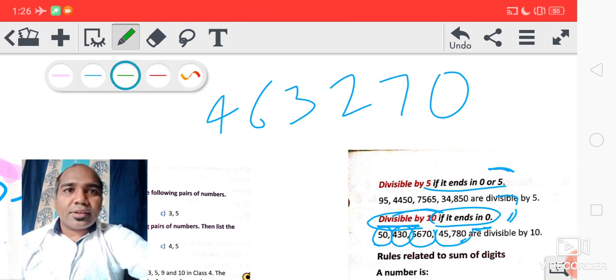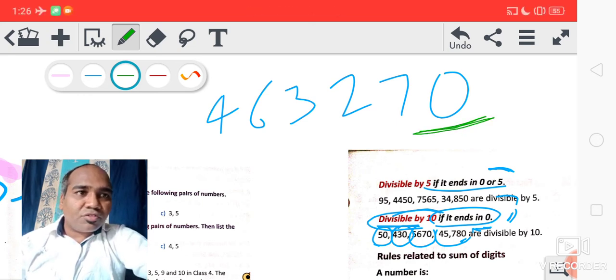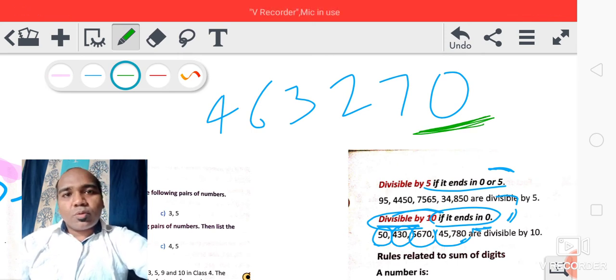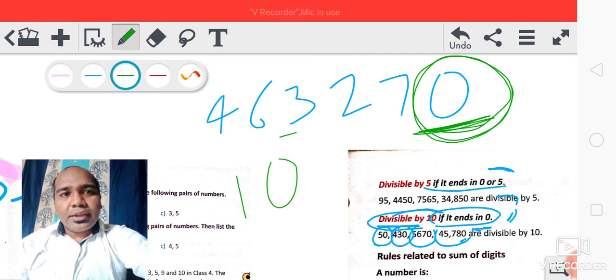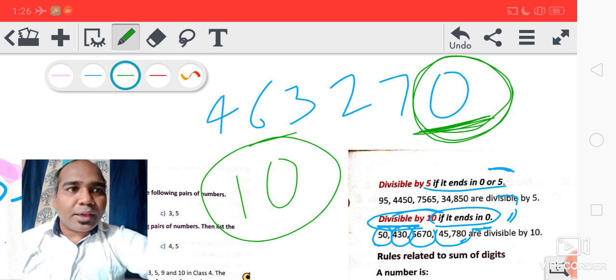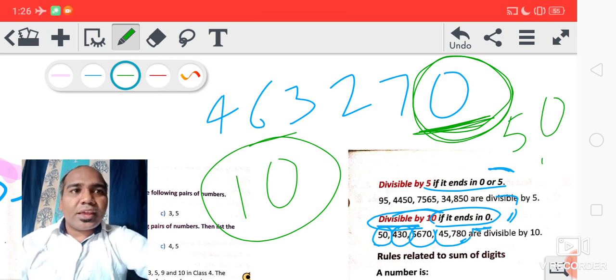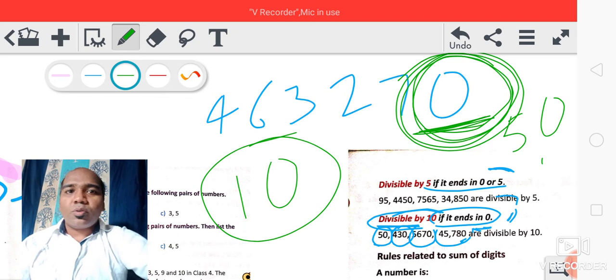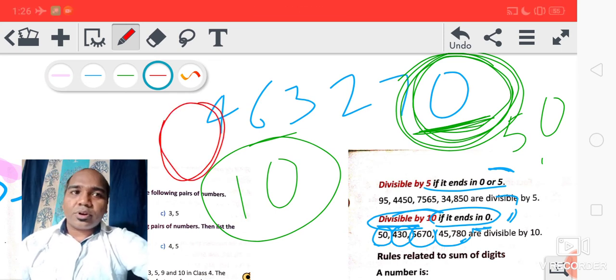We will say yes, it is divisible by 10. Why? Because the last digit is 0. Only one condition. For 5, the last digit should be either 5 or 0. But for 10, it should be only 0, no other number. Got it? So this is the rule for 10.